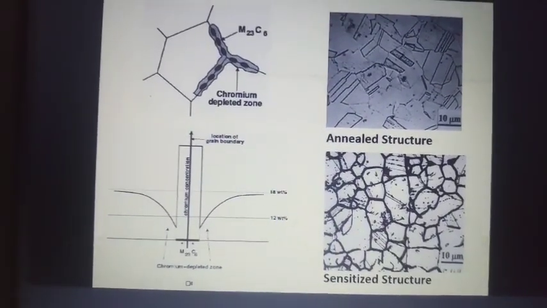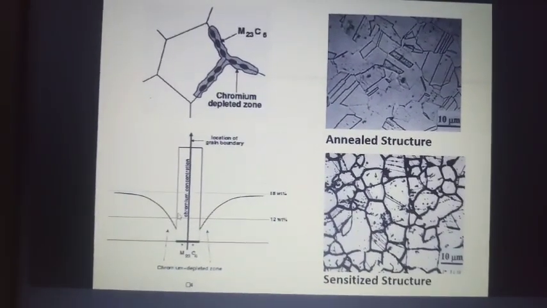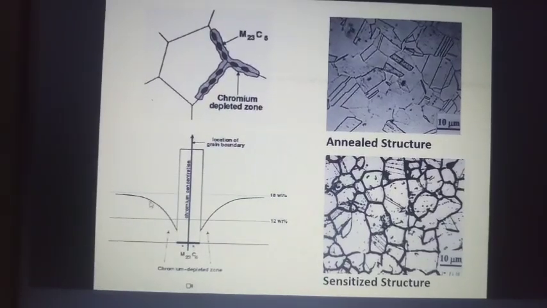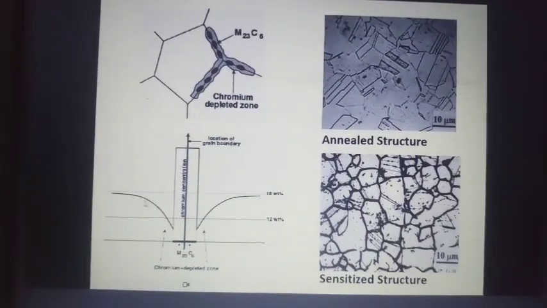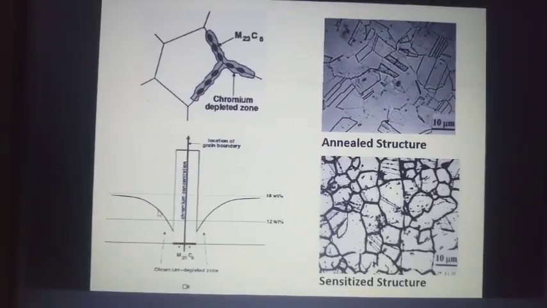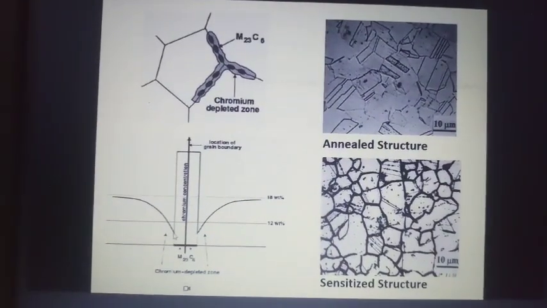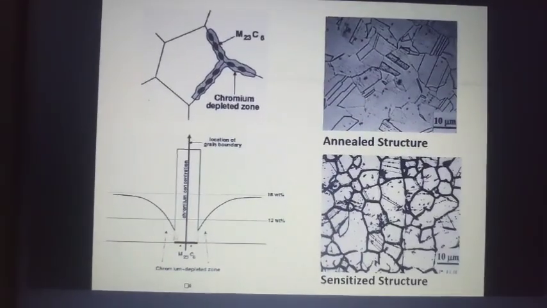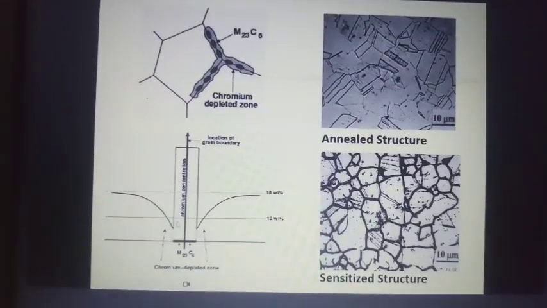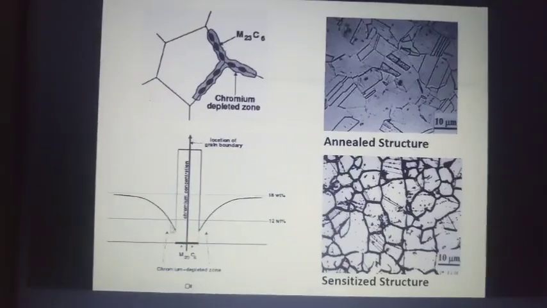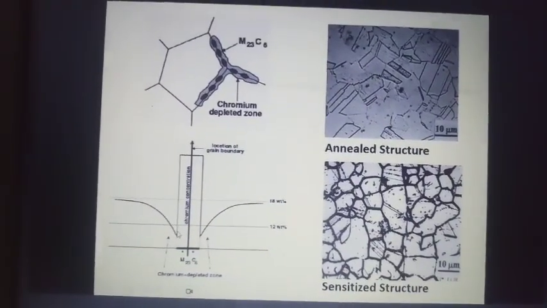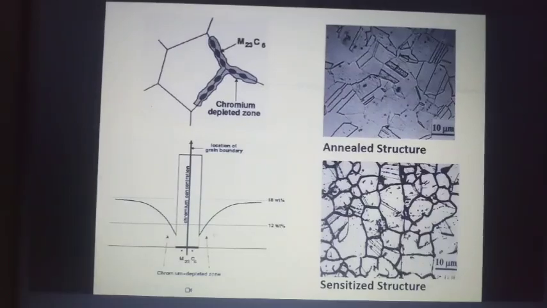So from the black precipitate to this region, there is a problem, because all the chromium from here has gone into the chromium carbide precipitation. So the chromium here is low, below 12.8%, near the precipitate. That means it is no longer a stainless steel. This is a chromium depleted zone.